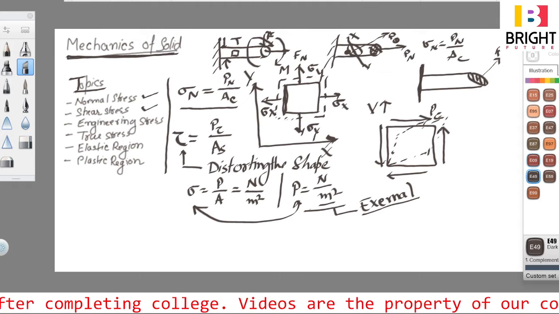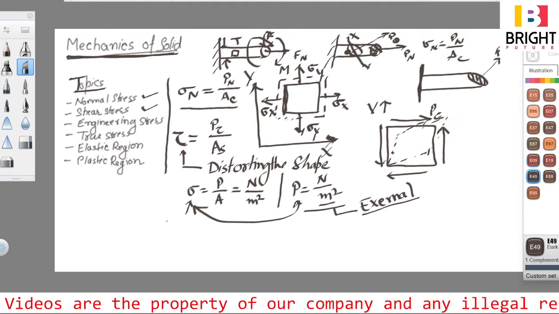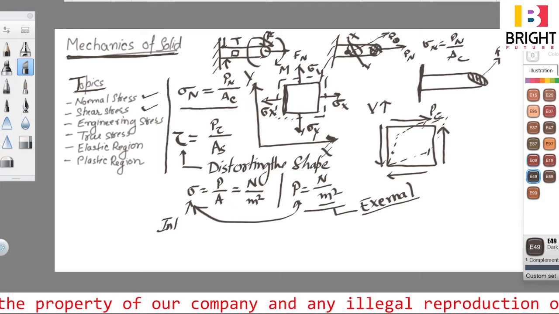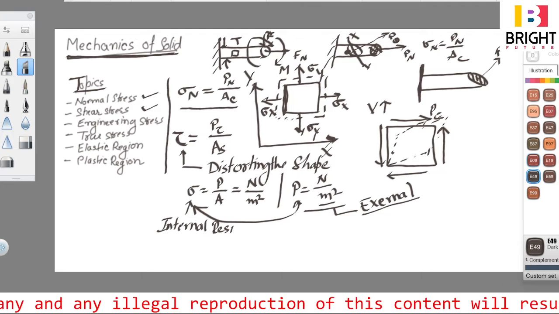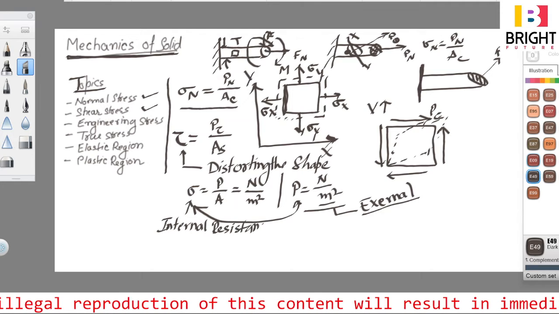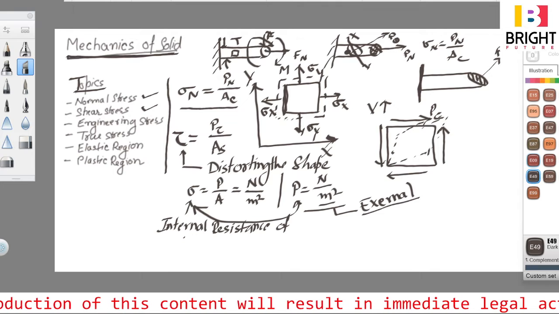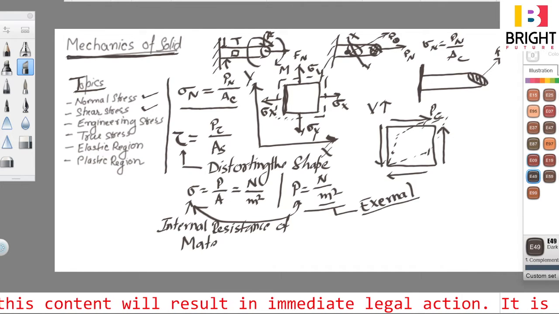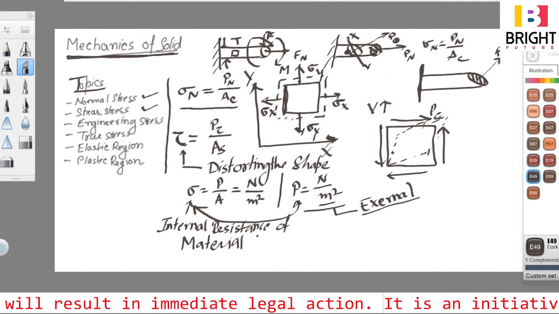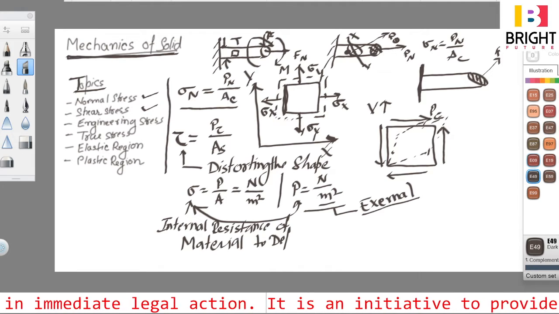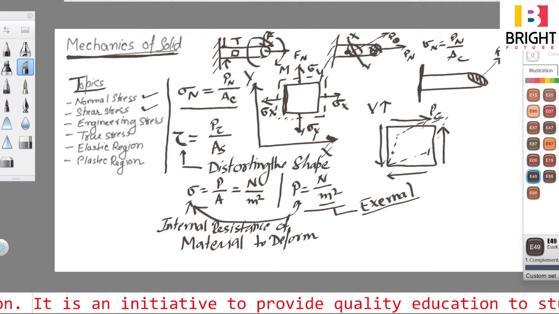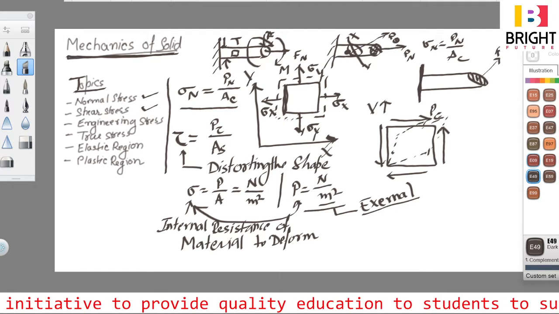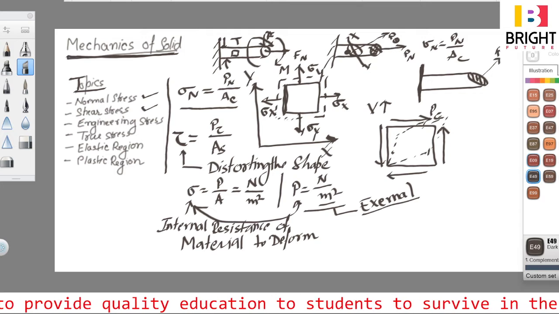And when we talk about stress, it is the internal resistance of material to deformation, right? So this is the difference between stress and pressure. One should understand it clearly.